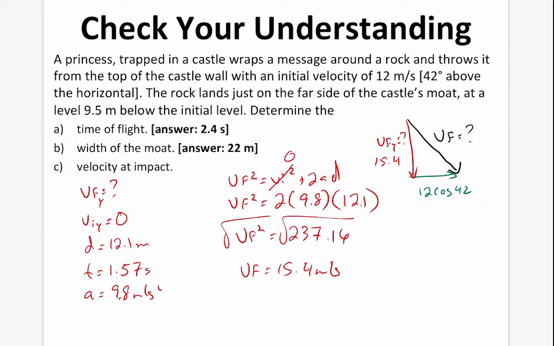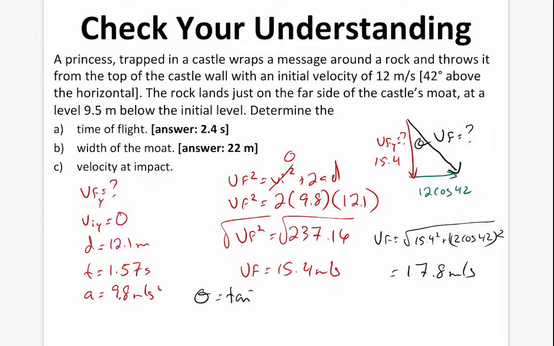So now we can find vf. vf is going to equal the square root of 15.4 squared plus 12 cos 42 squared. And that gives us a value of 17.8 meters per second. We can find theta. Theta is going to equal tan minus 1 of opposite, which is 12 cos 42, divided by adjacent, which is 15.4.